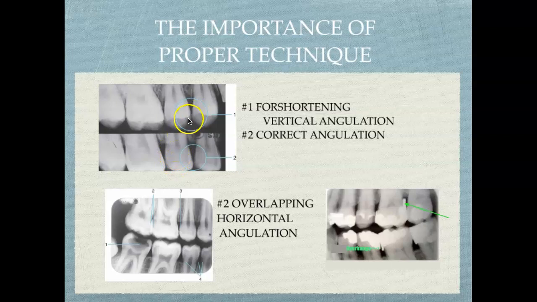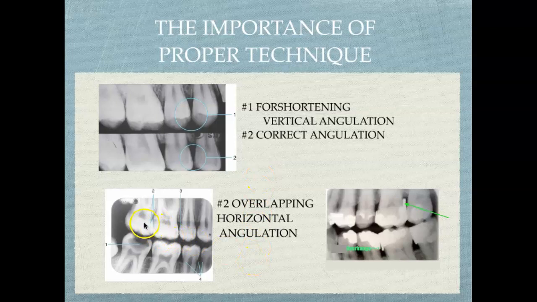So here it looks like a very clear enamel and dentin, but upon a better, correct angulation, you can see that there's actually a small dark area here, incipient or just a beginning decay. So having good technique, proper technique, is really important for the doctor to diagnose. Here we have overlapping.